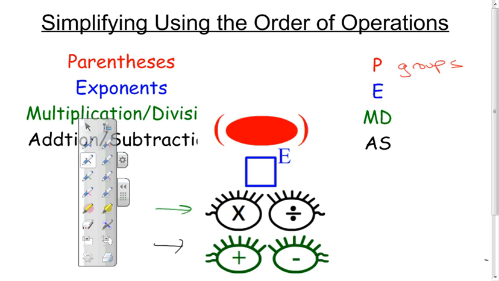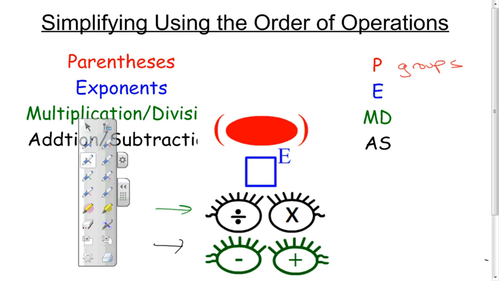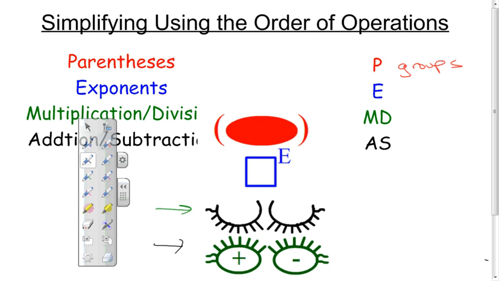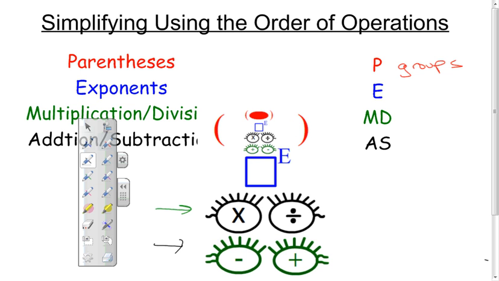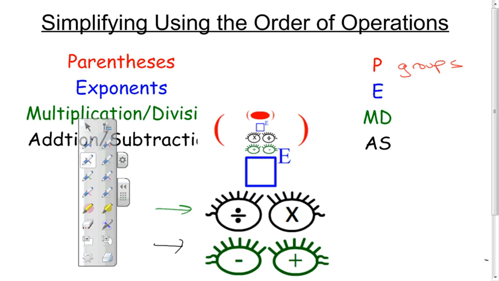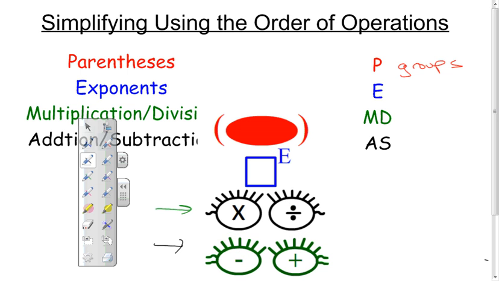If you see multiply first, you do multiply. Similarly for add and subtract. If you notice down here in the lower eyeballs, you have a plus sign and a minus sign, but when they blink, they change positions. What am I trying to tell you there? Well, when you're talking about add and subtract, it's not do add before subtract, it's do them in the order that you see them from left to right.